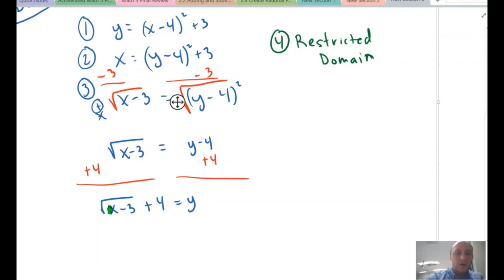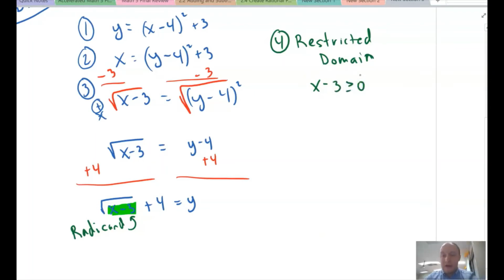So what I'm going to do is take my radicand, and in this case, that's x minus 3, and set it greater than or equal to 0. If my radicand, the values going inside my square root, are less than 0, then I get imaginary outputs, right? The square root of a negative value is an imaginary number.